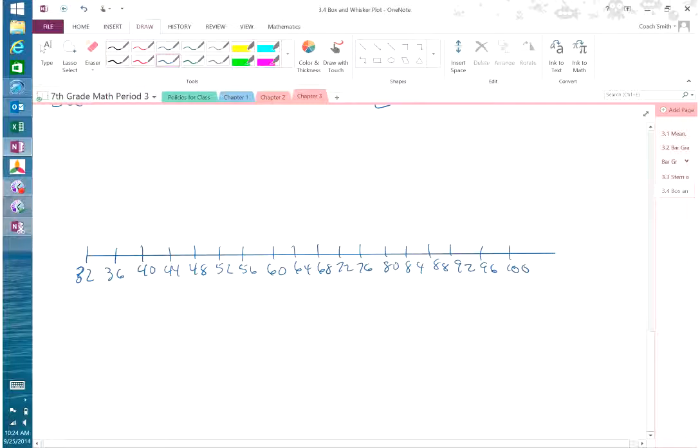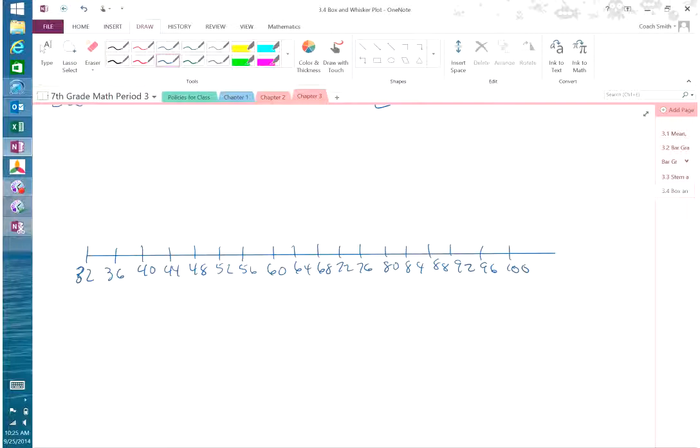Okay? You will notice that I didn't plot the numbers from the data. I'm just doing a regular number line. You don't plot the numbers from the data. You get your range of data, and you build a number line that has that range of numbers in it.